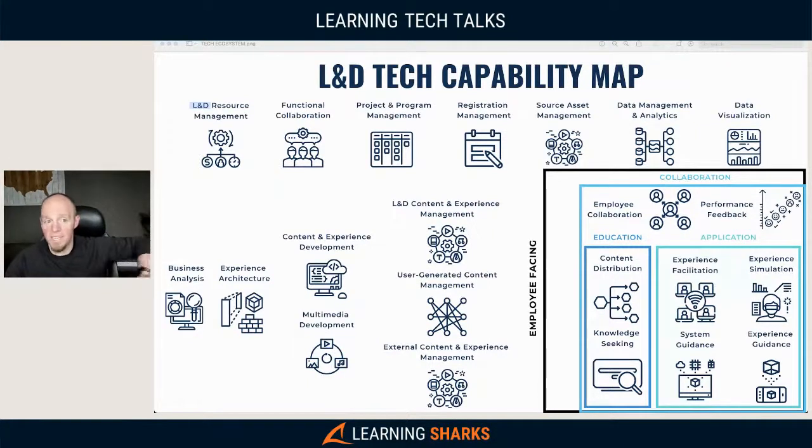And even some people in L&D may not know what the right hand is doing versus the left. So there's that internal capability. Then there is the employee facing side, where our end users, our employees, are actually engaging with this. Those are two distinct categories of capabilities you need to think about.